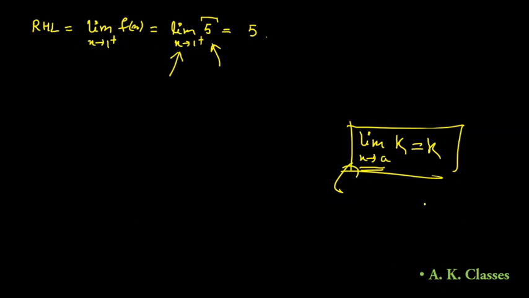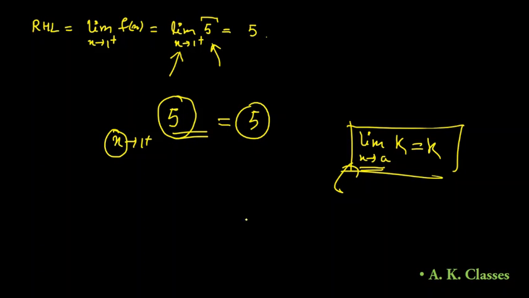Here the function is 5, and the variable is x tending to 1 plus. This 5 is completely independent of x as there is no term like x or function of x. So our result will be simplified. Understood?